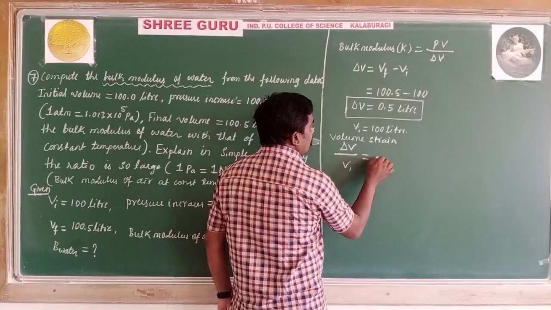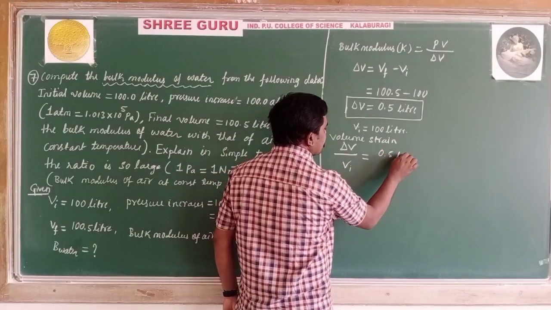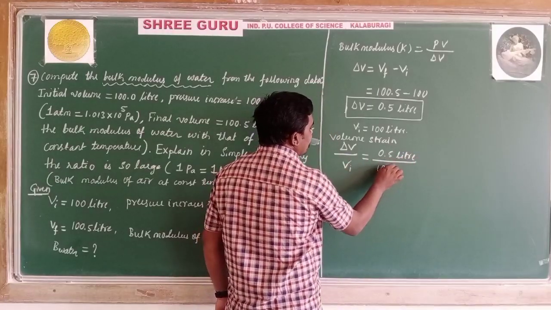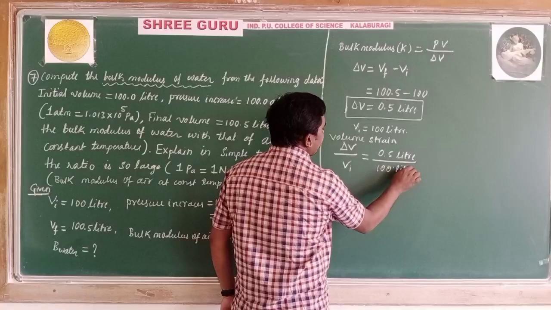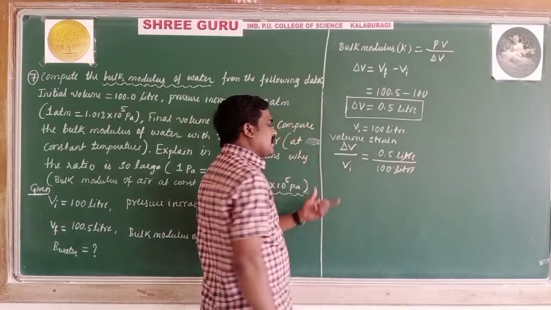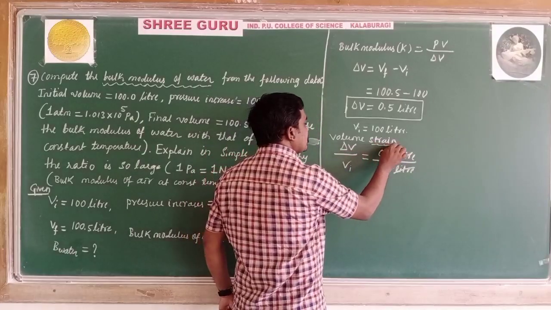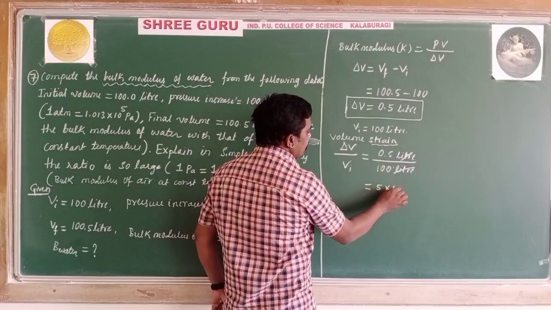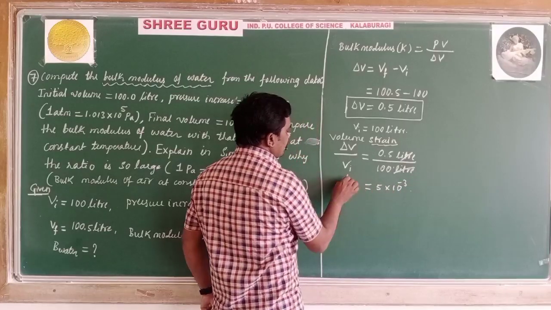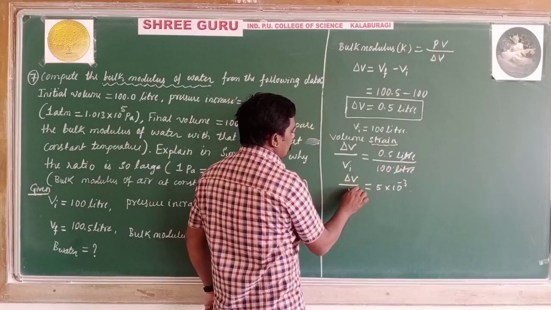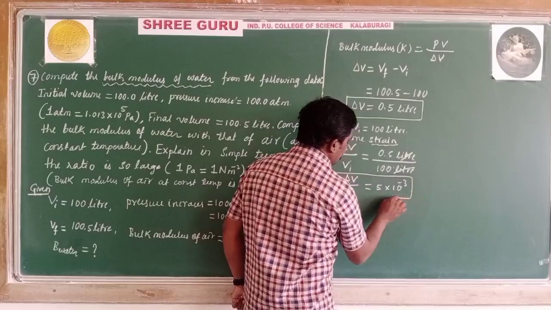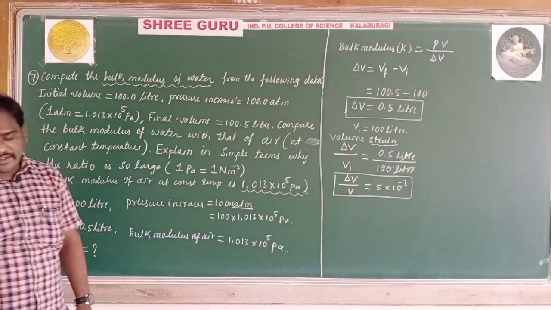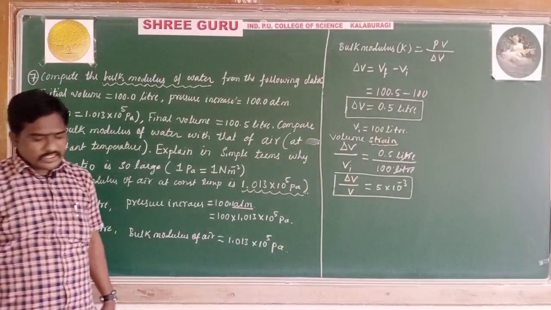The change in volume is 0.5 liters and the initial volume is 100 liters, and these units are going to cancel. Strain has no units, and it is nearly equal to 5 into 10 raised to minus 3. This is the volume contraction, delta V by V, equal to 5 into 10 raised to minus 3.